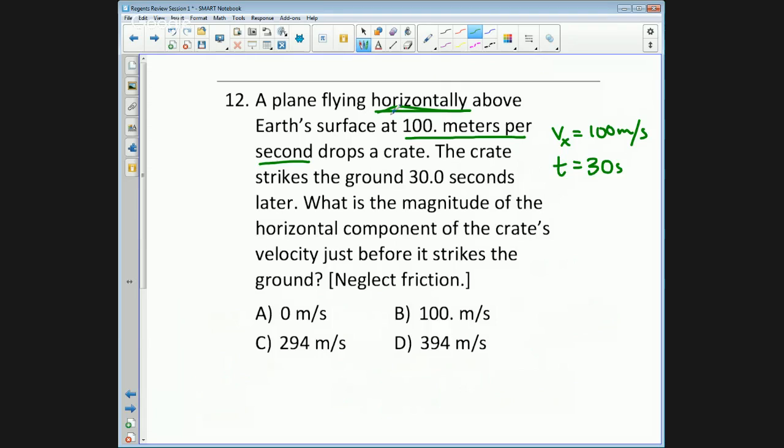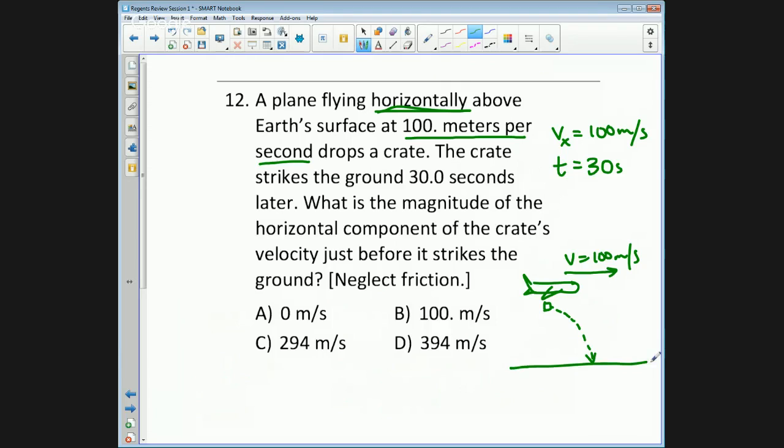Because the plane is flying horizontally, right? If we have a plane like this, let's say this is the plane. It's flying this direction, and it's going to drop a crate. This speed is 100 meters per second. If it's going to drop a crate, the crate is going to fall in this direction, right?